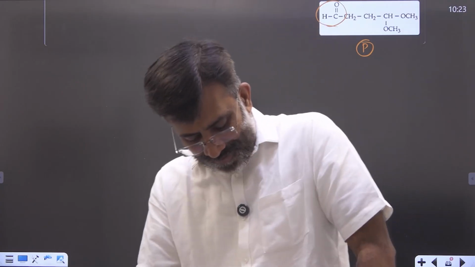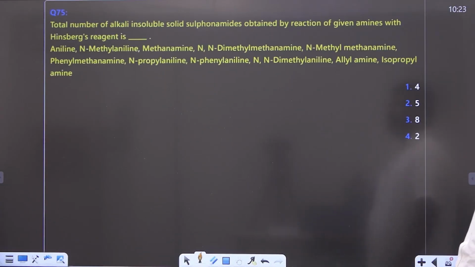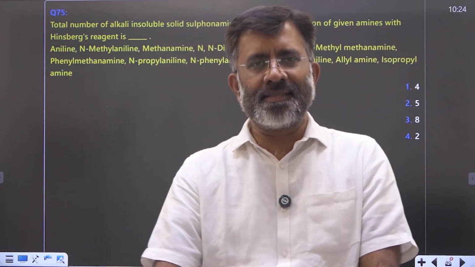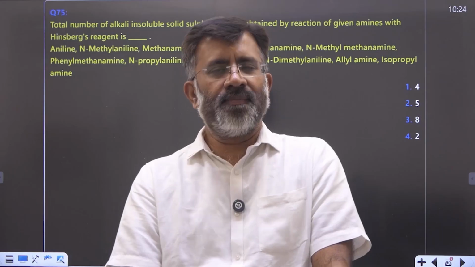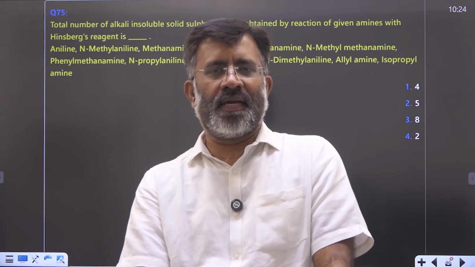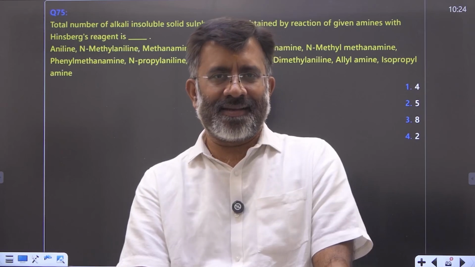Okay. Next question. Total number of alkali insoluble solid sulfonamides obtained by reaction of given amines with the Hinsberg reagent. I am sure all of you remember regarding Hinsberg test, Hinsberg reagent. Primary, secondary, tertiary amines are distinguished and tested with the Hinsberg reagent.